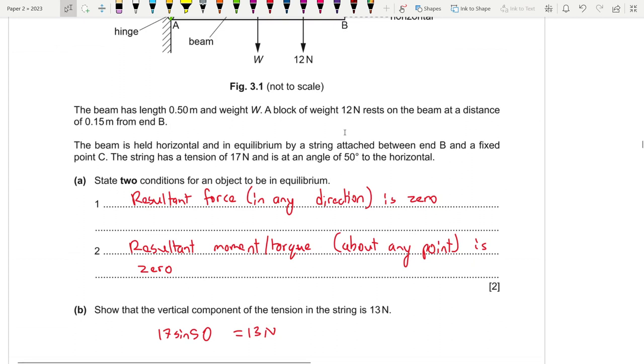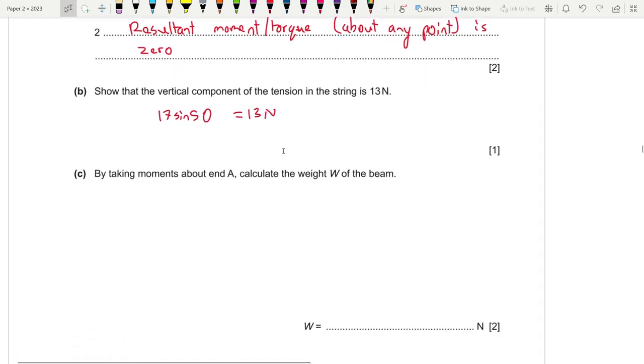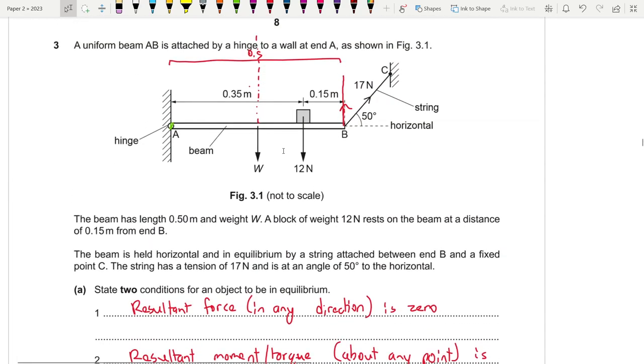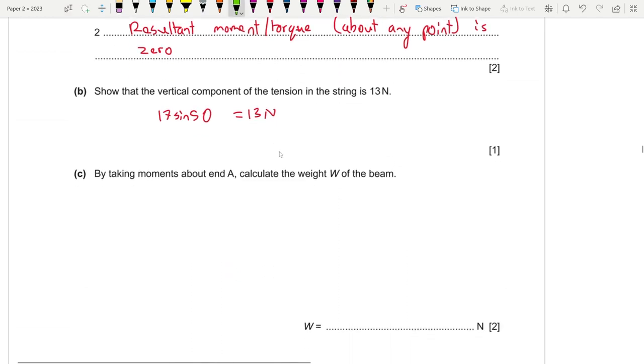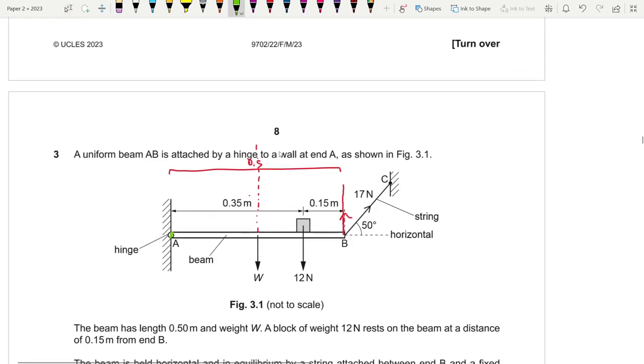Okay, so the sum of clockwise moment is equal to the sum of anti-clockwise moment. You guys can write that point if you want. So let's do this. So W times 0.25, that's our clockwise moment, right? This one. And this distance I just told you it's 0.25. The 12 Newton is also providing a clockwise moment.